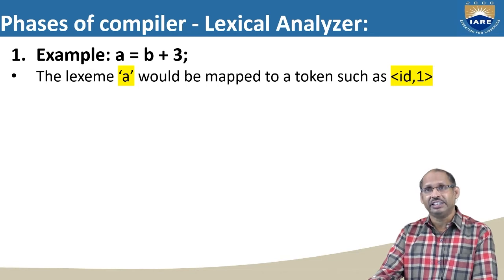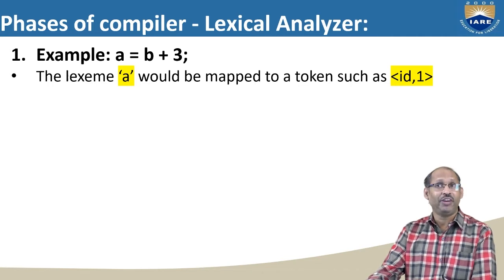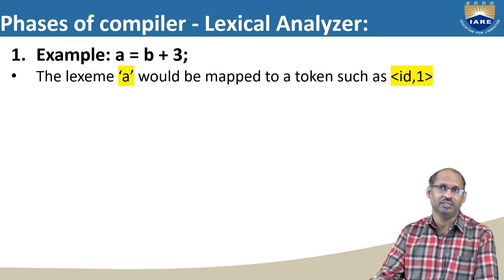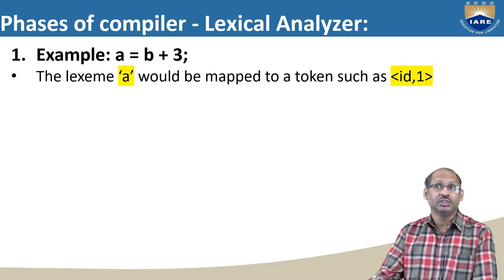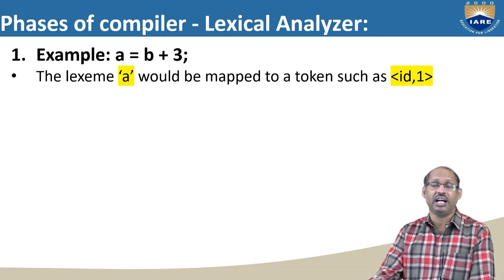The entry record number is 1. So we say A is mapped to token ID comma 1, right? So that identifier A and its information is stored in the symbol table in record 1, the first record. So here the lexeme A is associated with a token ID comma 1.